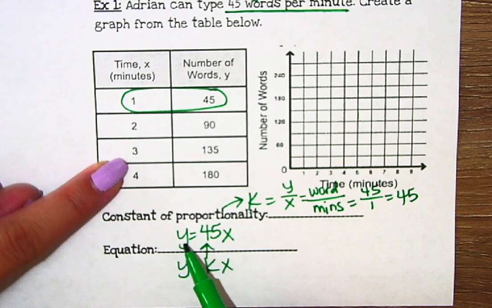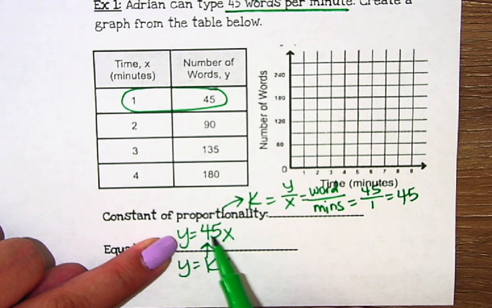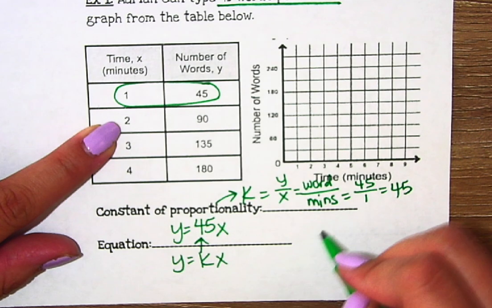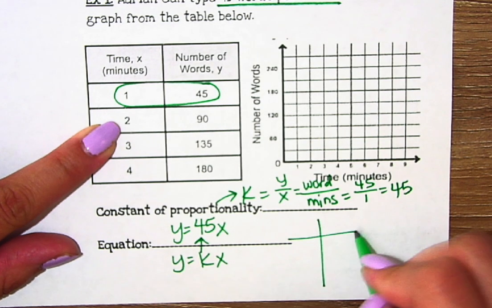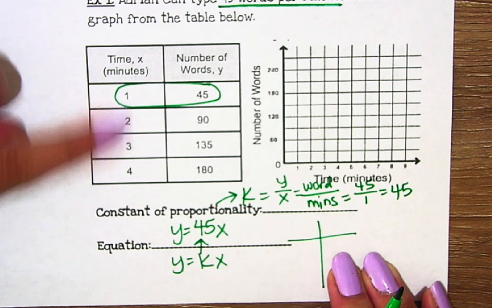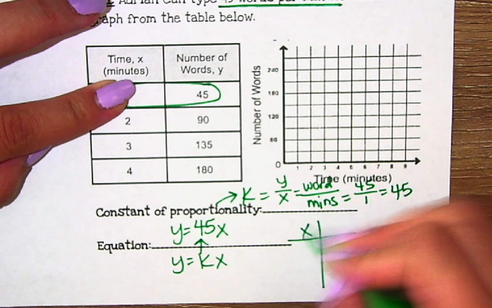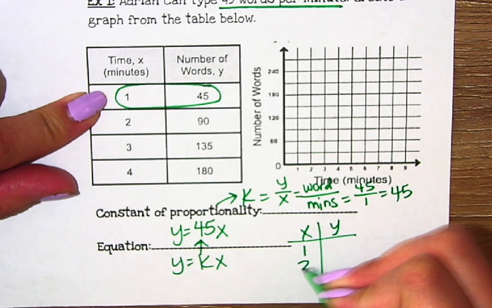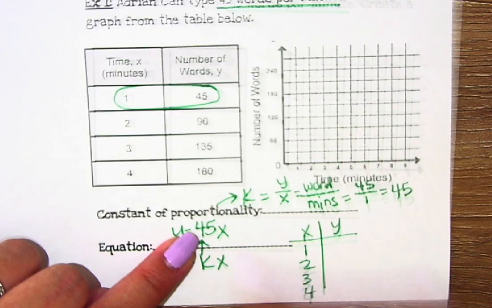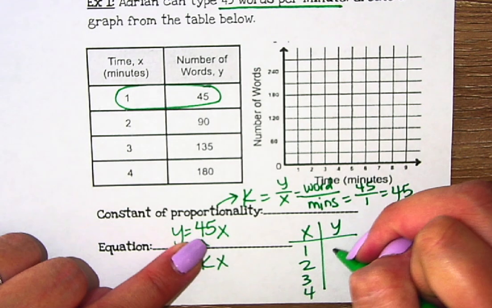So I'm going to get Y by multiplying 45 times X. I'll do it on the side here. This is where I can make my own table, because what if they didn't give me the right numbers here? So I'm going to put X and Y. I'm going to start with 1, 2, 3, and 4. So let's plug this in.